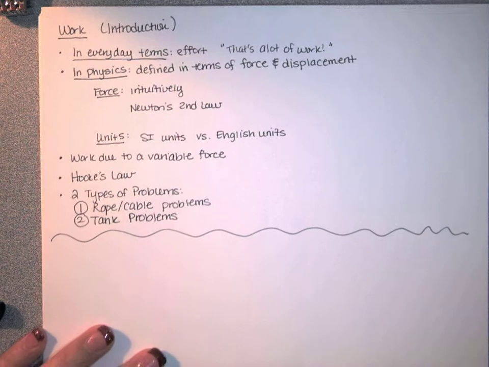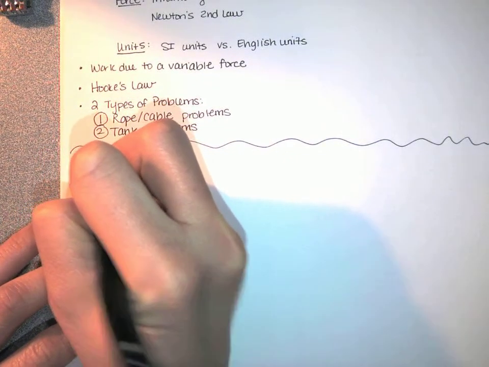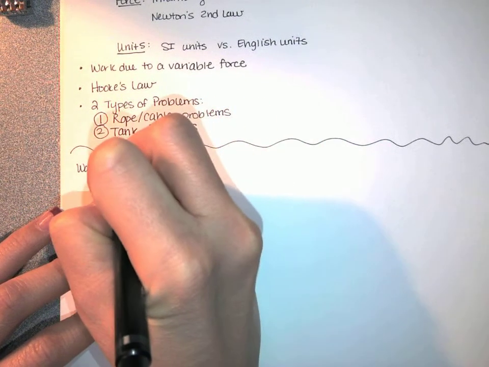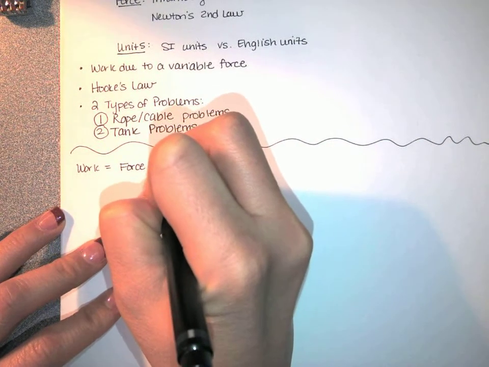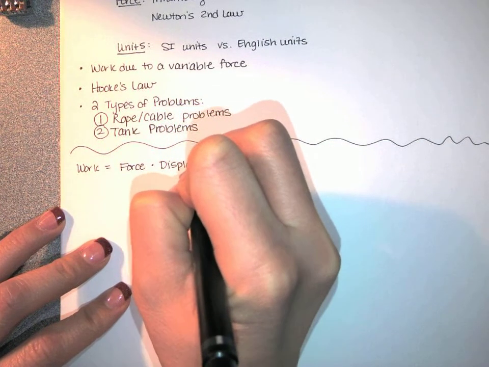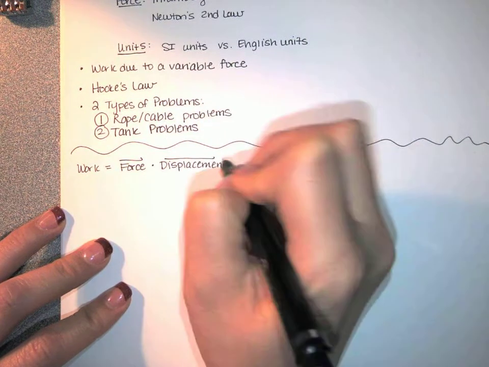In physics, work is defined to be the dot product of force and displacement. Both of these are vector quantities.